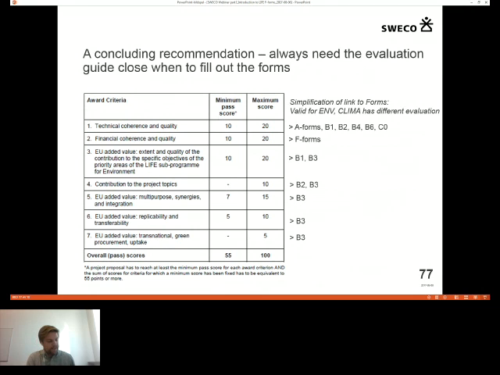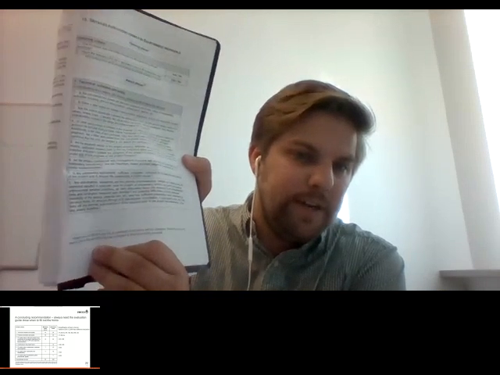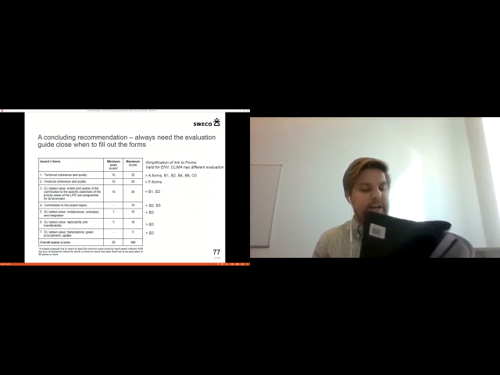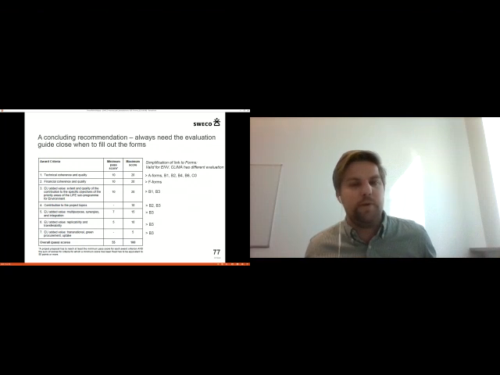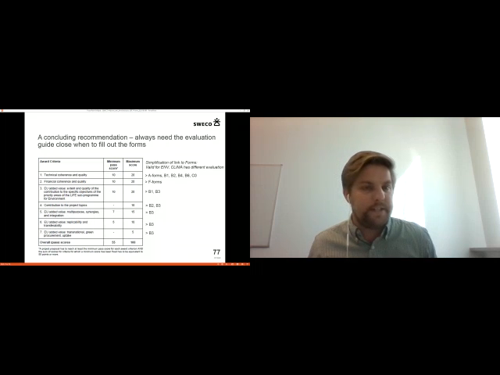In the evaluation guide, on pages 19 forwards, you find all the award criteria. This is what your evaluator will use when he looks into your application. So you must make sure that you have answered as many as possible of those questions, because this will really be what he's holding next to him when he's looking into your evaluation.